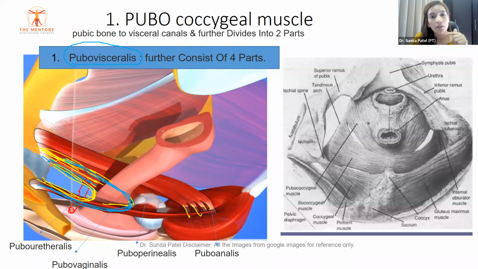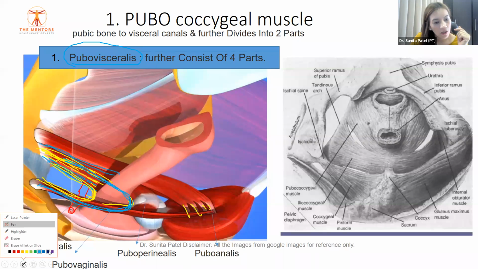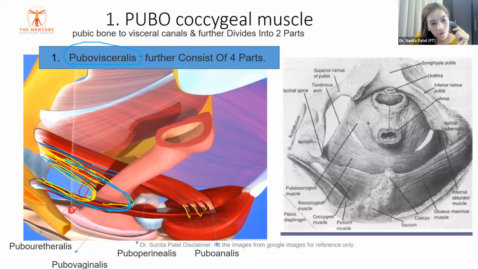Third part, this same muscle will keep going, the origin will keep going on, and this is now going to go and merge into the perineal body. So this is the perineal body, which is present, a hard kind of structure.